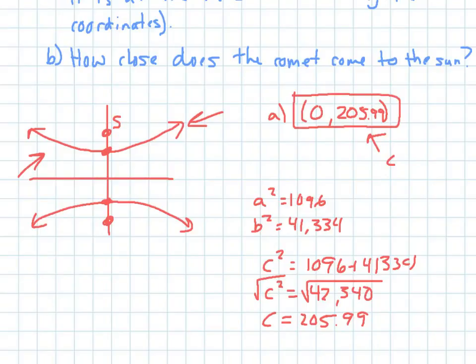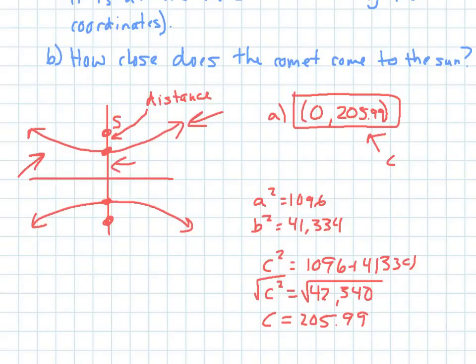So now they want us to find how close the comet comes to the sun. So basically, they want to know what that distance is, because that's the closest the sun and the comet get to each other. Okay, so we need to figure out what this value is.